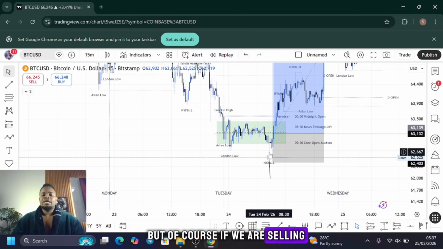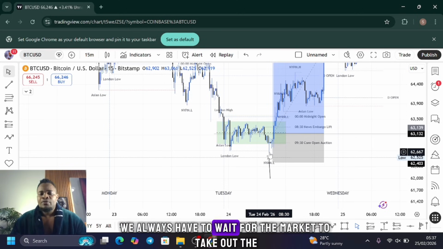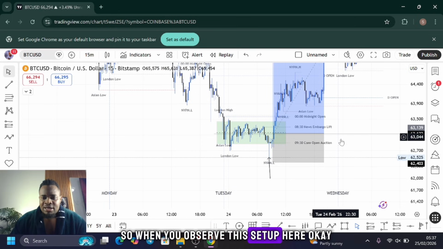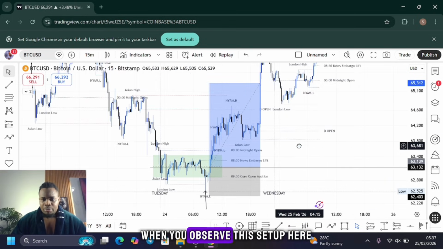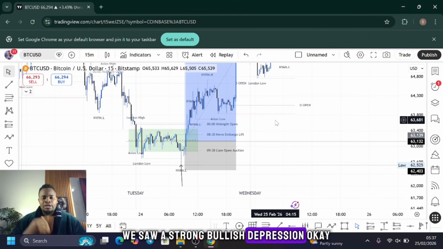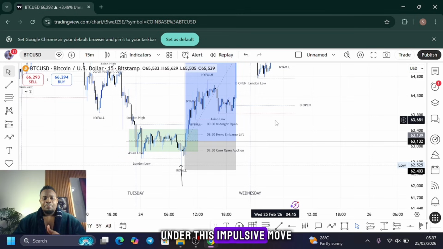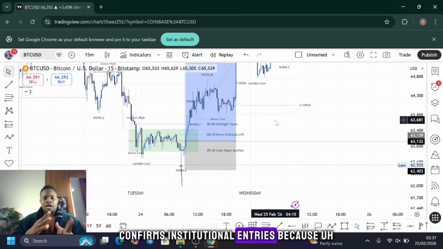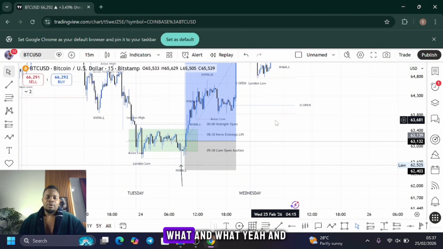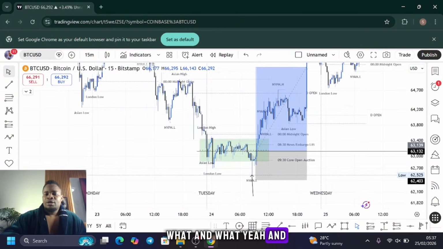But of course, if we are selling, we always have to wait for the market to take out the buy side liquidity. When you observe this setup here, immediately after that sweep we saw a strong bullish displacement, and this impulsive move confirms institutional entries, because they are always looking for the imbalances.